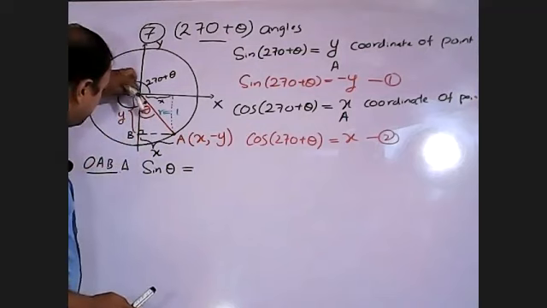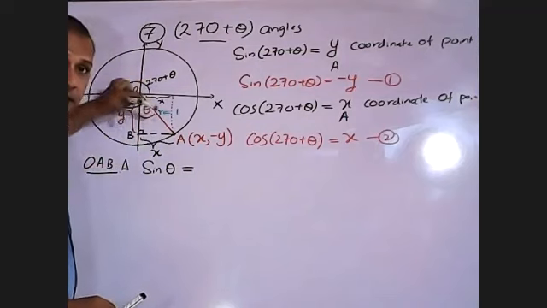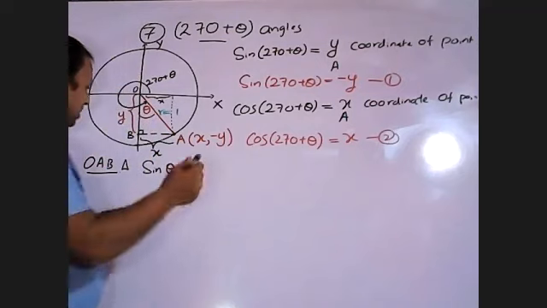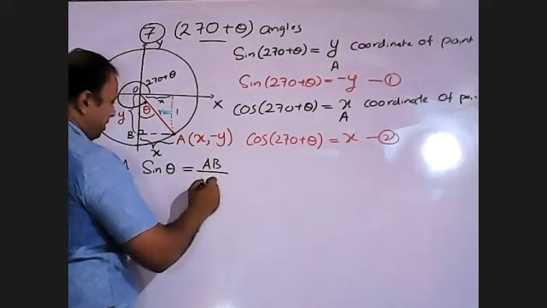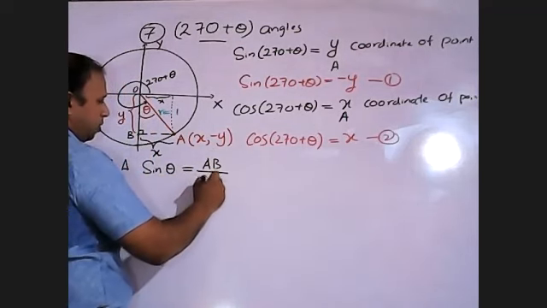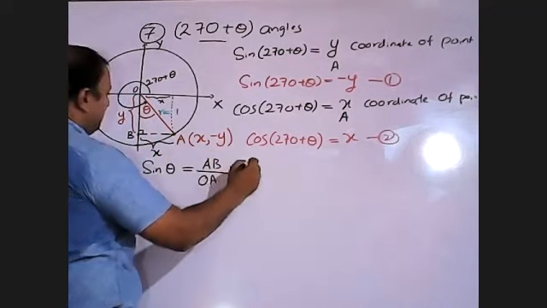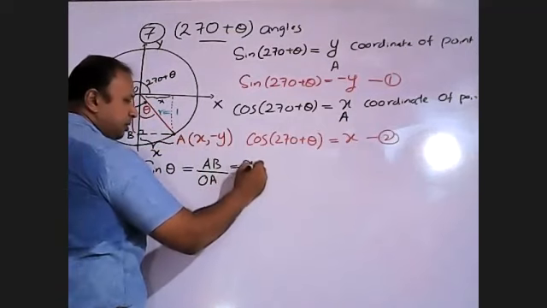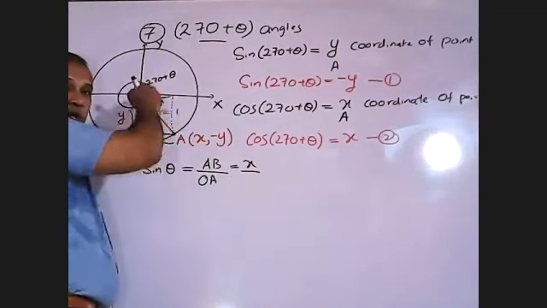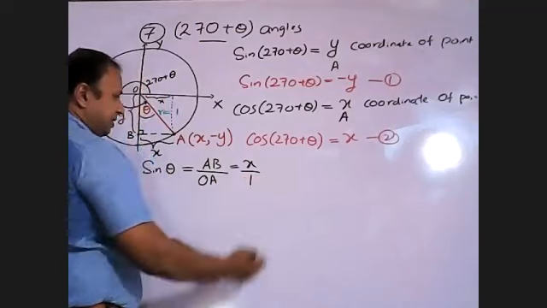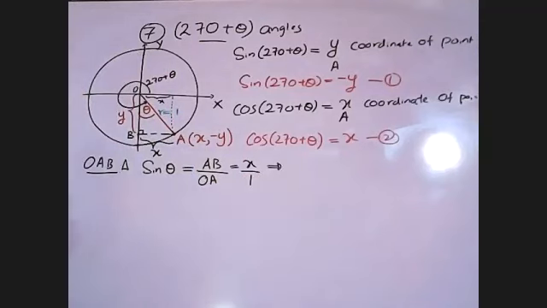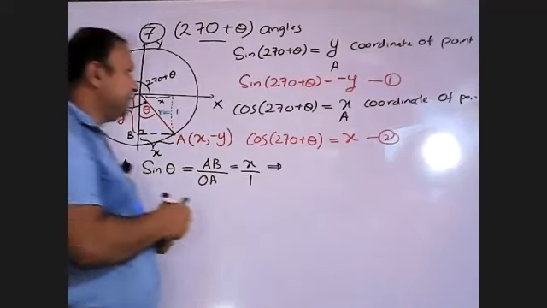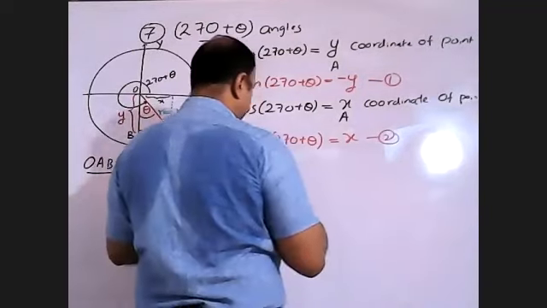The opposite side is AB, the hypotenuse is OA. AB is equal to x. The hypotenuse is equal to 1. Therefore, sine theta is equal to x.